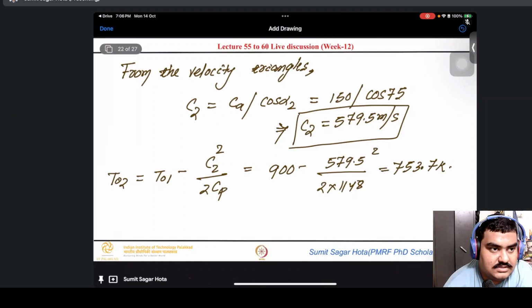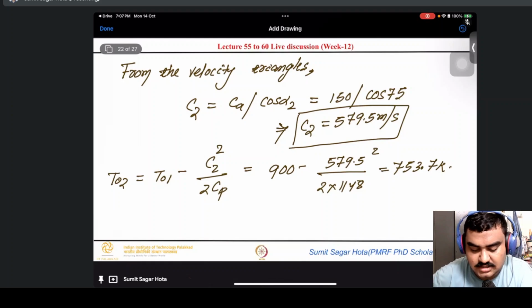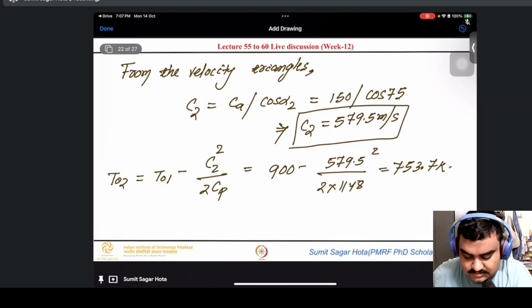For impulse turbine, degree of reaction is equal to what? 0.